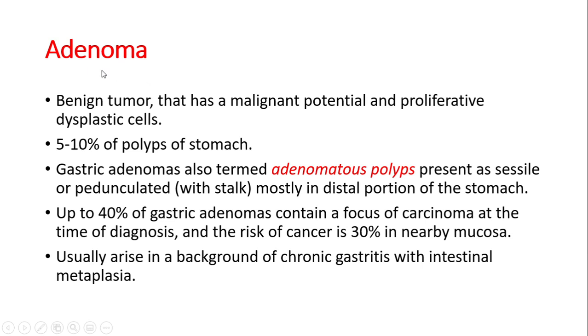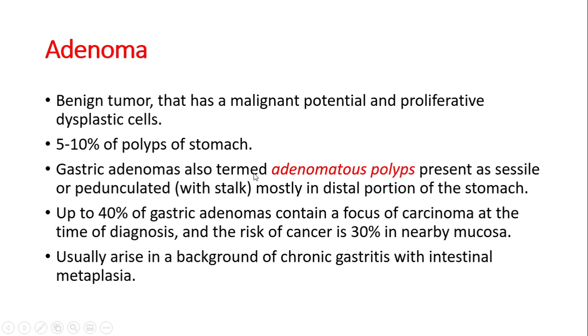It has a malignant potential and sometimes has proliferative dysplastic cells. Its percentage is fortunately low, only 10% of all gastric polyps, but many times it carries a malignant potential or dysplastic cells within the base of these structures.